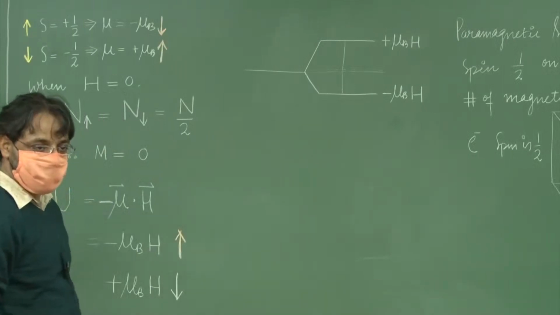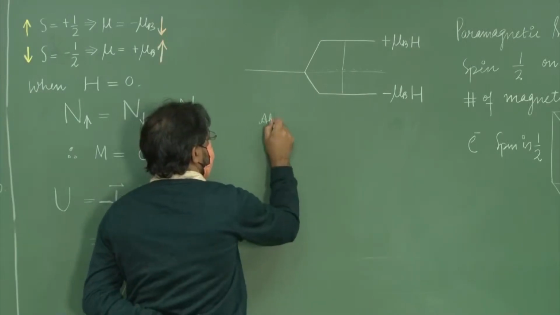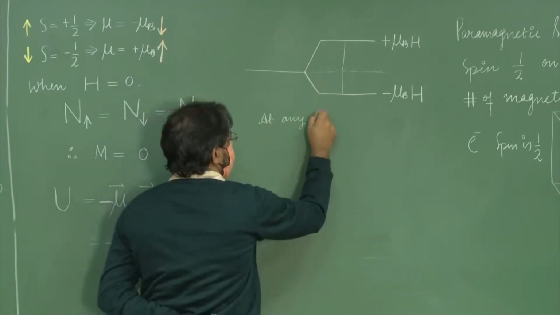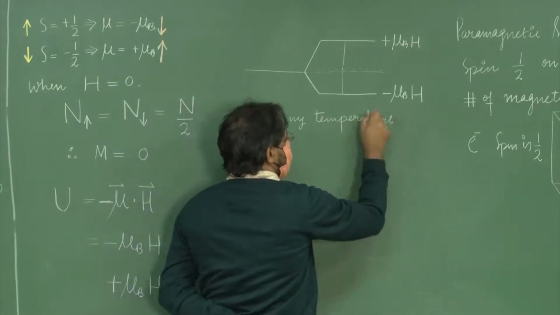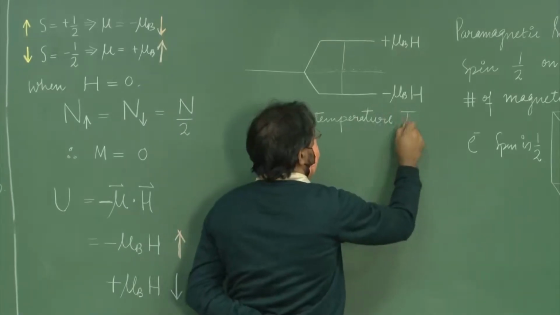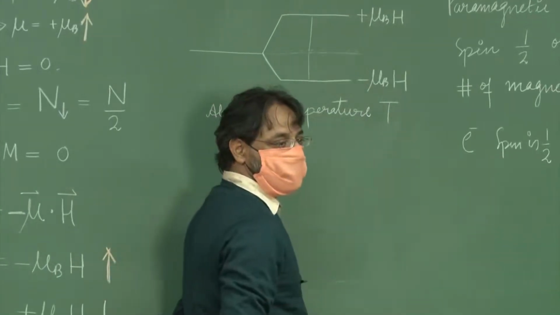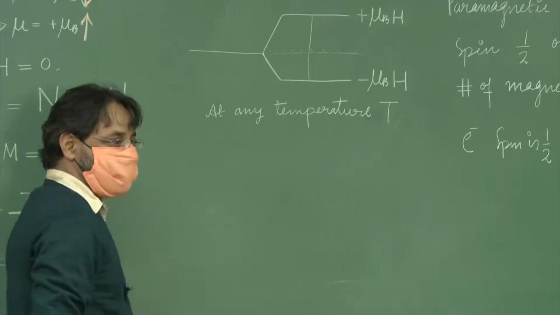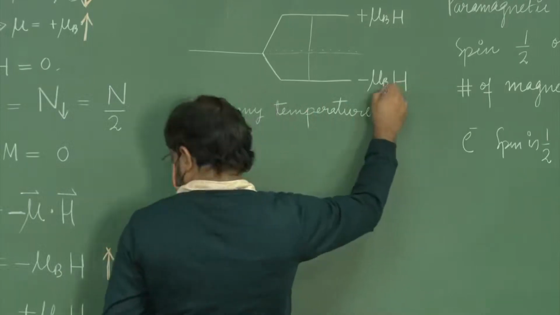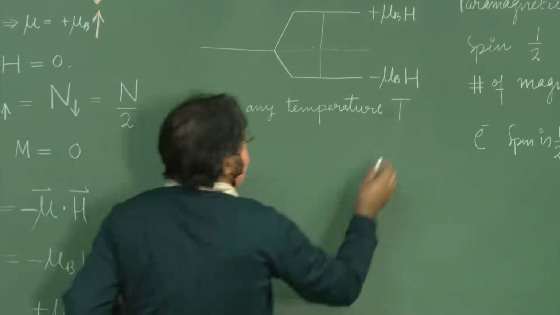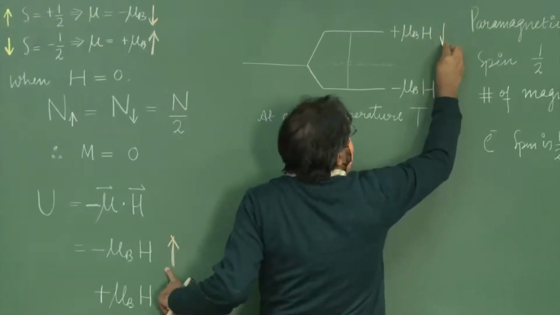Okay, is that fine? Now at any temperature T, how will you decide? Now it's a problem of classical statistical mechanics. At any temperature T, what should be the population of this level and what should be the population of this level? That will be given by the Boltzmann factor, right? So this is the energy of the electrons whose moment is pointing up, and these have moment pointing down.